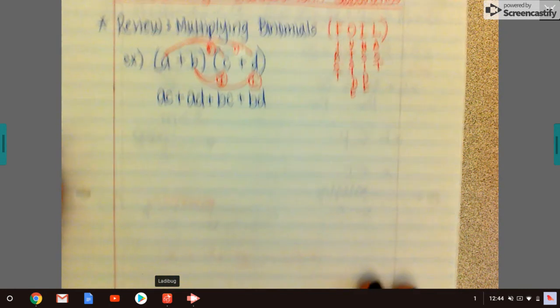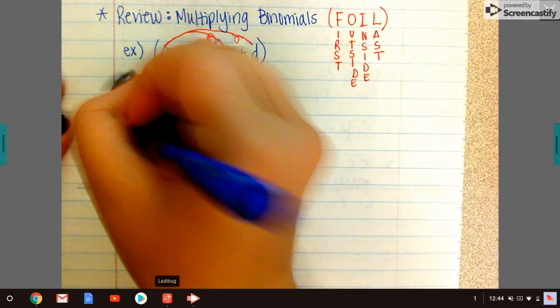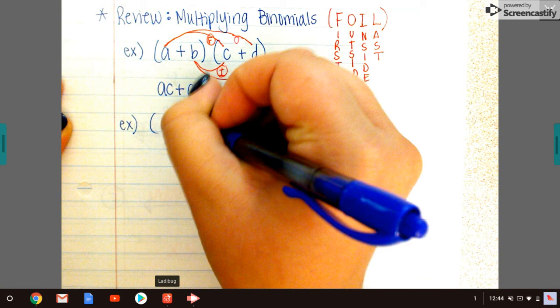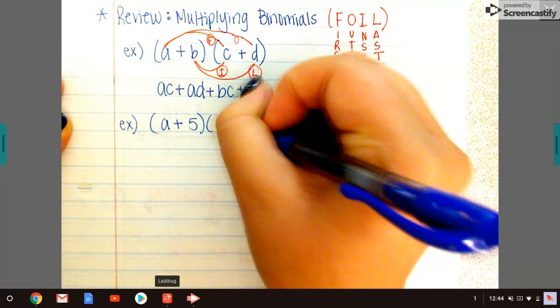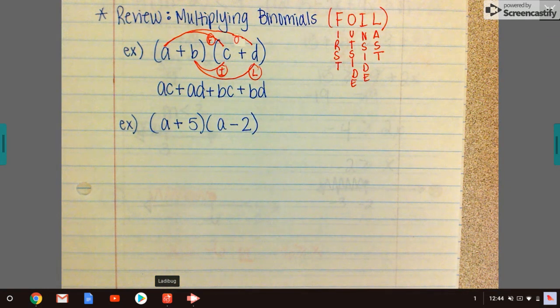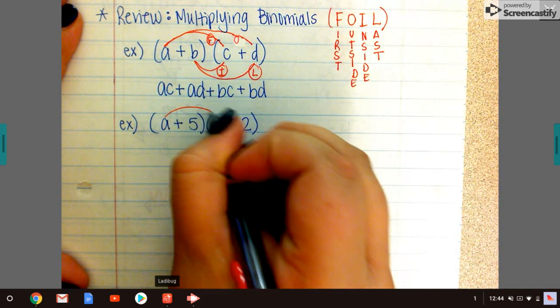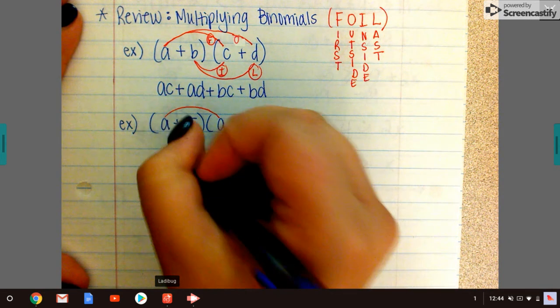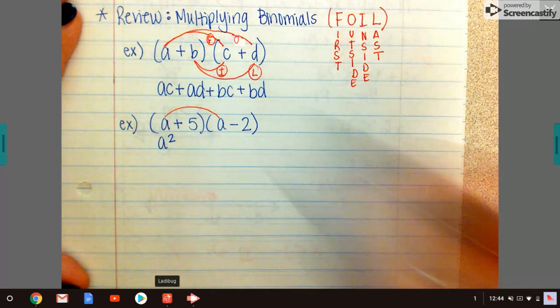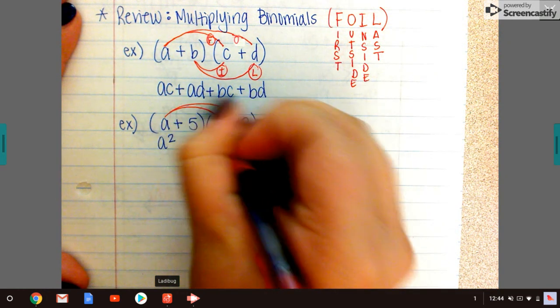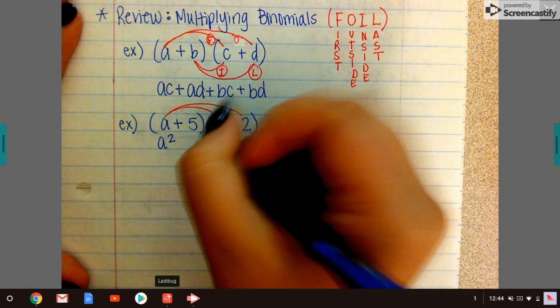Let's do it with some numbers as another example. If I had A plus 5 and A minus 2. Drawing the arrows is helpful. So your first times your first is A times A, or A squared. Your outside is A times negative 2, which is negative 2A.